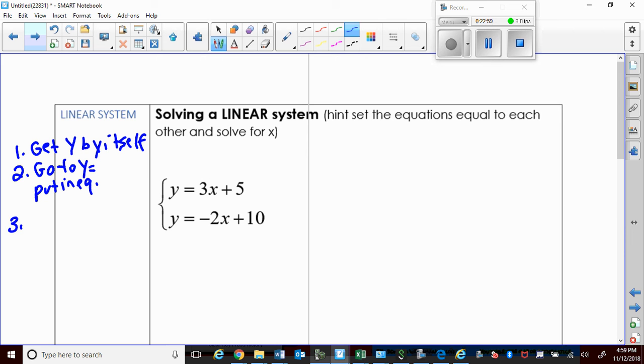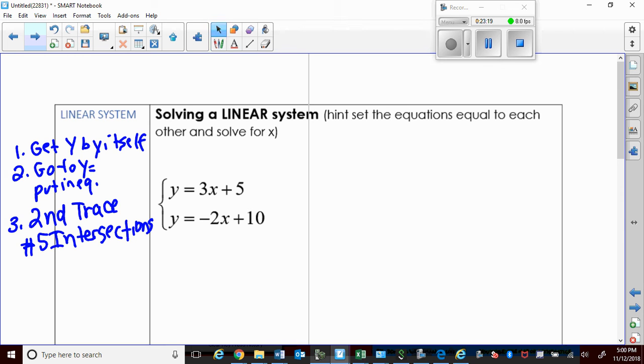Number 3, I'm going to press second trace, number 5, intersection. And if you can't see the intersections, you might want to go back and play around with the zooms. Okay?